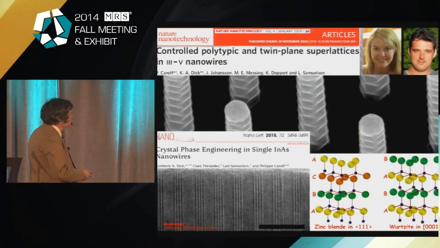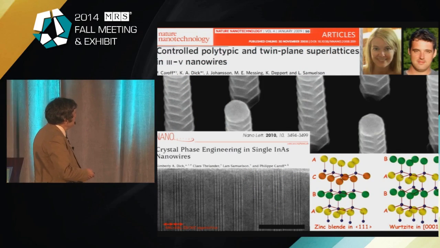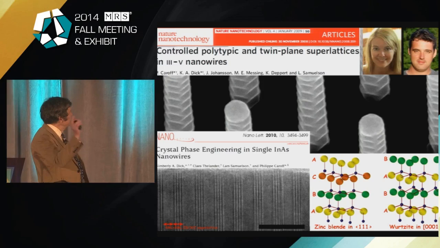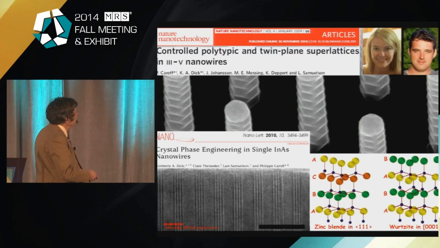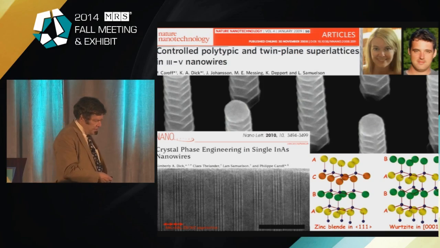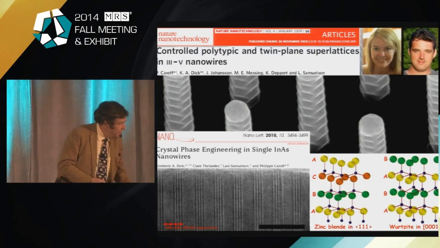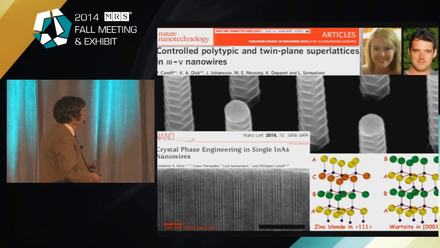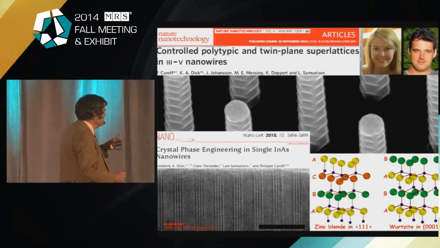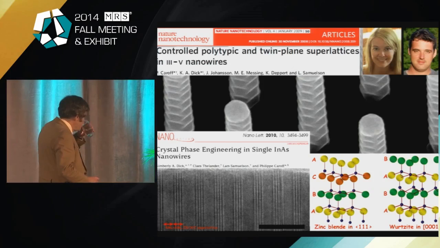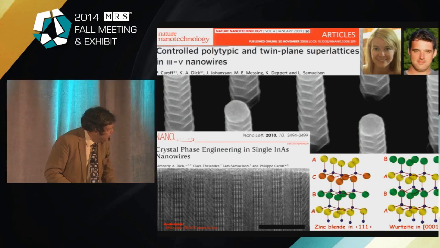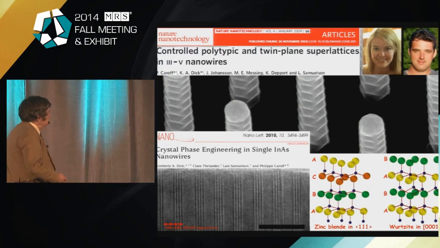2 young researchers, postdoctoral researchers at that stage, both of them, Philip Kauf, who I think I saw in the corridor, and Kimberly Dick, they took on a very challenging task of being able to learn how to control the formation of the cubic and the hexagonal faces of the 3-5s. And these are 2 of the more important papers that they produced.